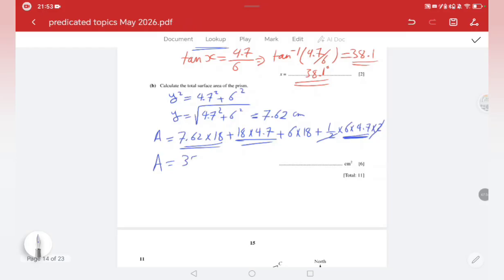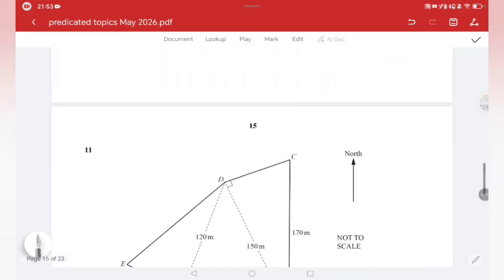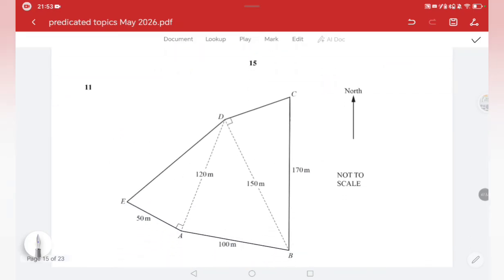This gives 357.96 centimeters squared. You may round to three significant figures. You may write 358. Okay.